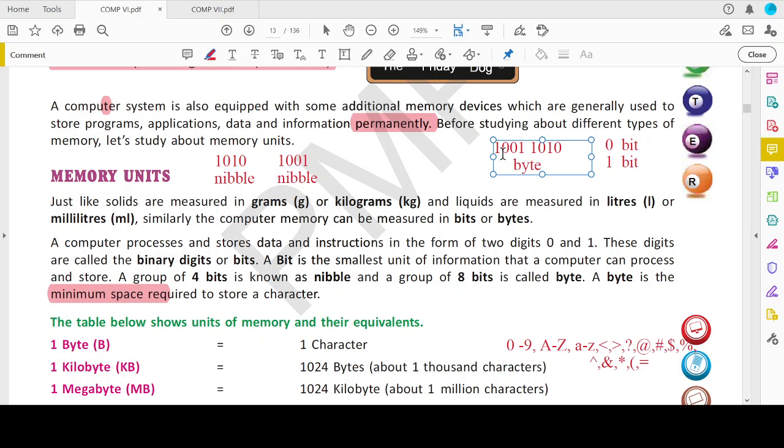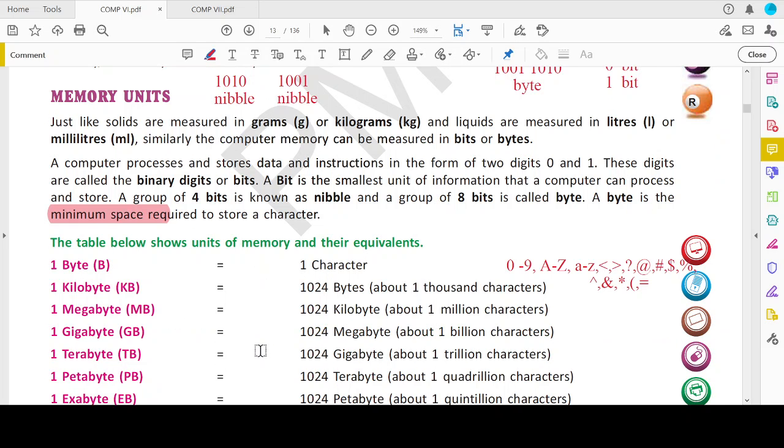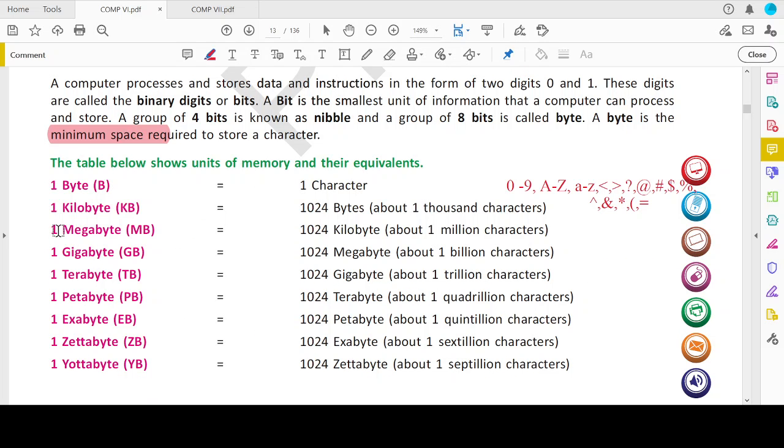There are 8 bits required to represent a single character. You can see there is a table given. 1 byte is 1 character. 1 kilobyte is 1024 bytes.